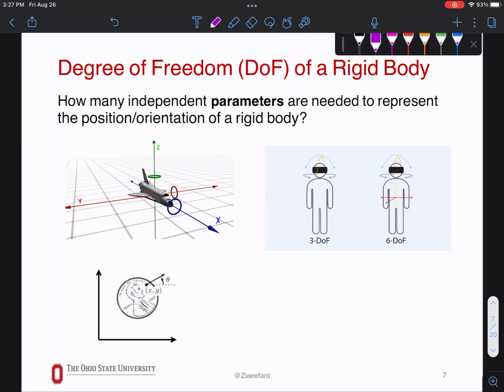Same goes for an underwater robot. Same goes for this: if I throw it up, you can rotate about 3 axes, and you can move along 3 axes. So the first thing we need to identify is the axes. We are in a 3D world.